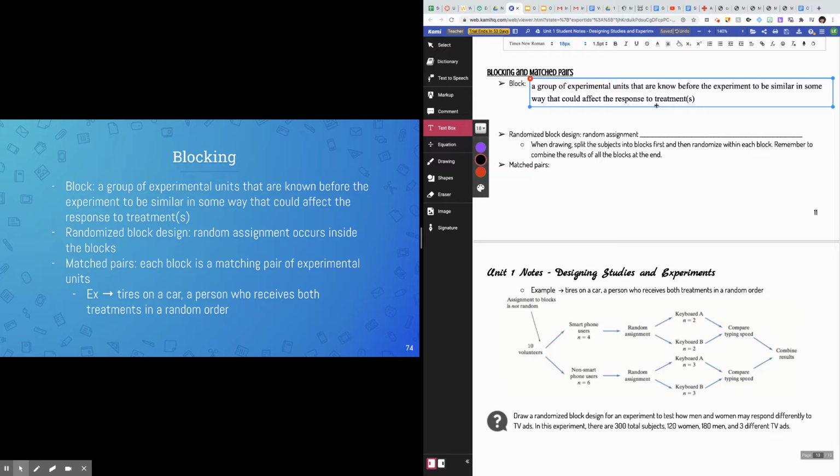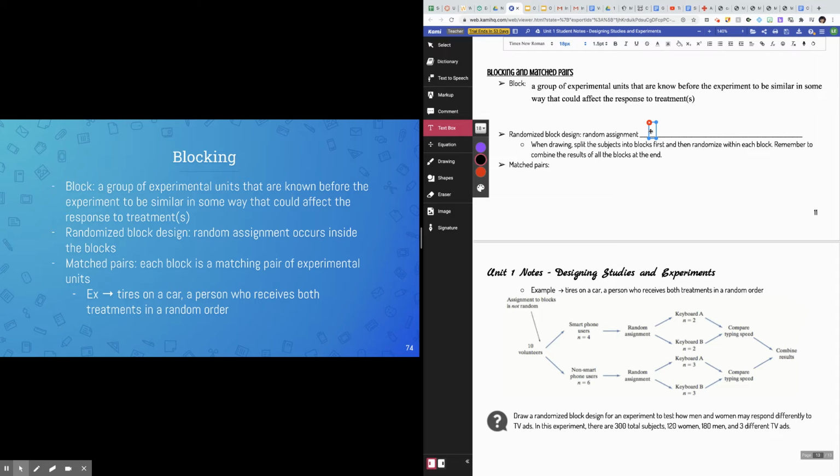Okay, so in a randomized block design, we're incorporating blocks into our already established completely randomized design. So rather than random assignment occurring right at the start, when you have the full sample and you split the group into 2 or 3 or 4, however many groups you need for the number of treatments you have, you split people by the block first, and then you do a completely randomized experiment within each block, and then combine the results at the end.